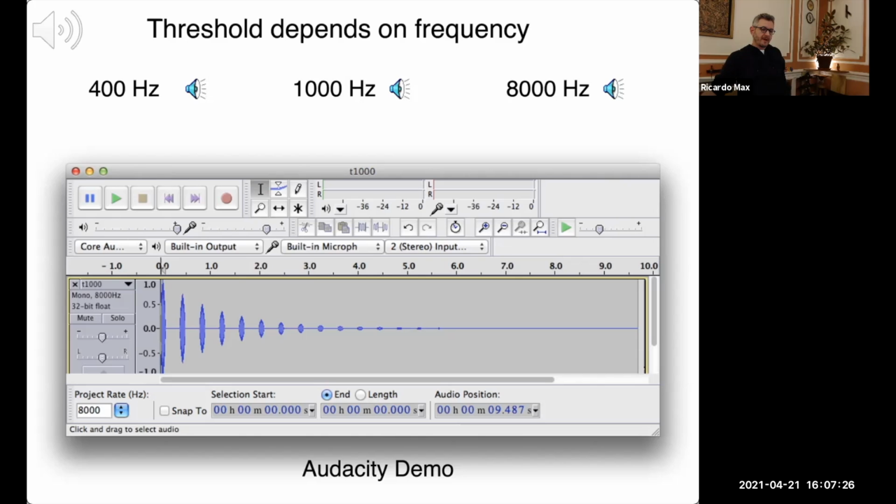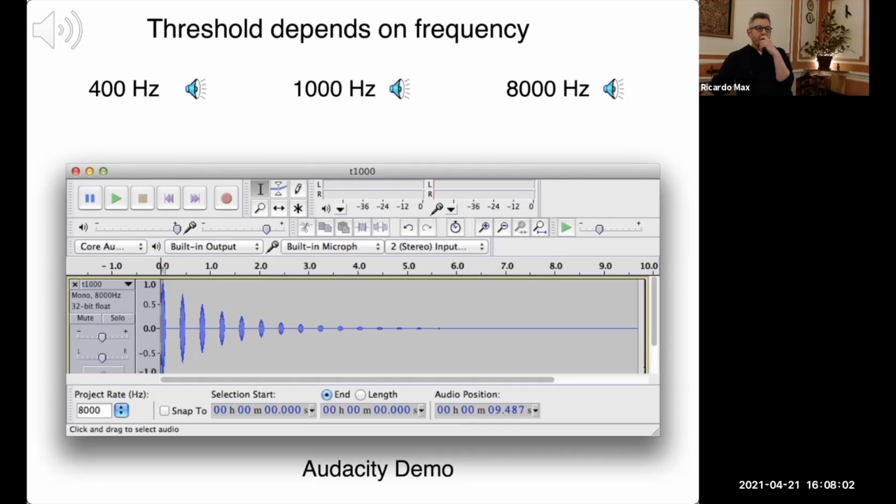If I play a 400 hertz sound whose amplitude decreases in time, it will sound like ba, ba, ba, ba, ba, and then you would count until you cannot hear it anymore, compared to 1,000 hertz, or 8,000 hertz that I cannot do.